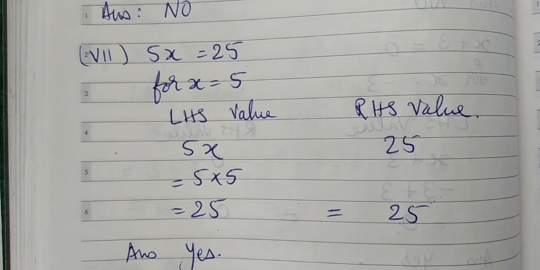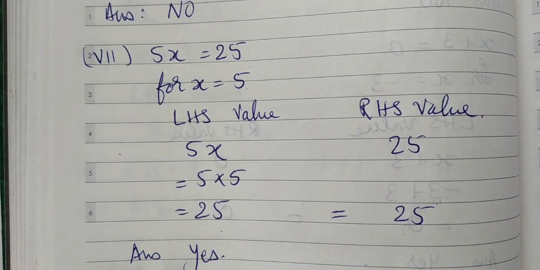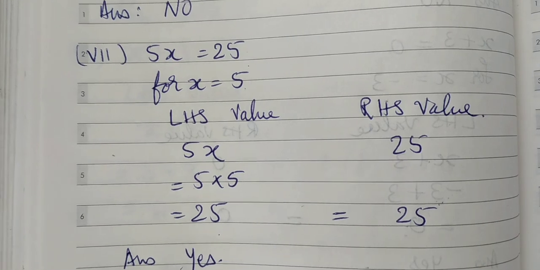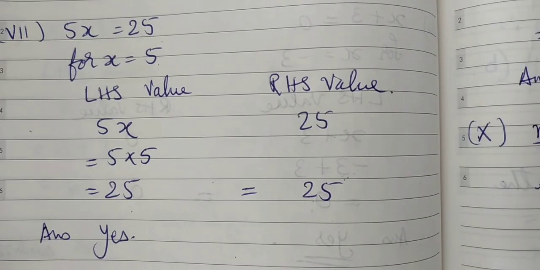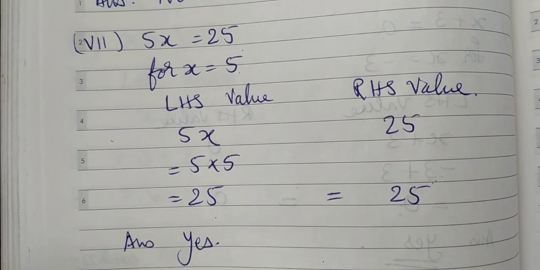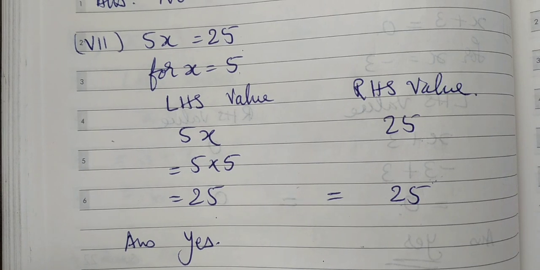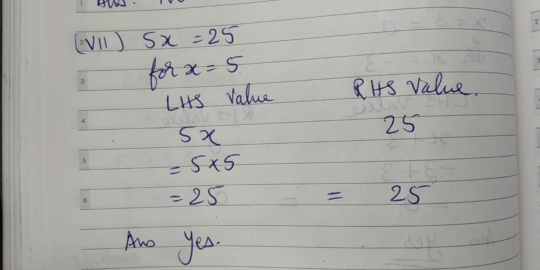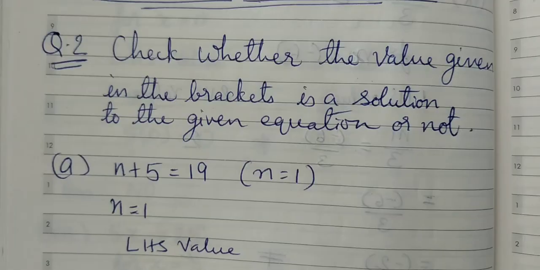Similarly, I have solved all the sums, leaving a few sums for self practice, and I hope you don't require my explanation in all the sums. The PDF will be enough to understand it, but still if you have any doubt you can call me. Question number 2.